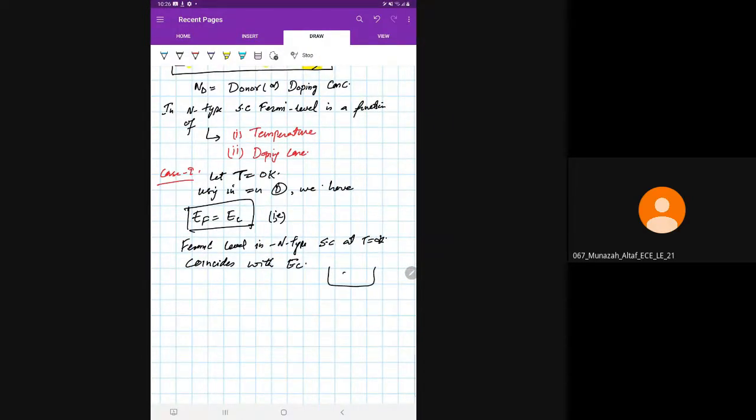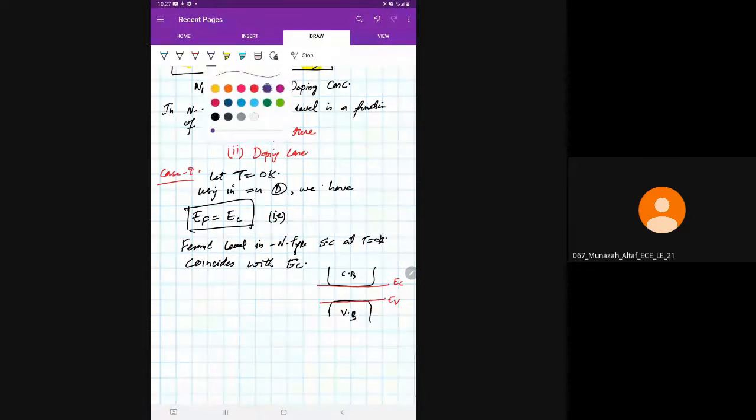If this is the conduction band and this is your valence band, we know that this is EV, and this is EC. Let me change the color to yellow.